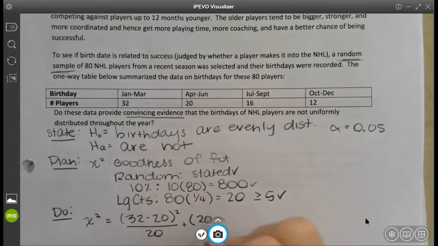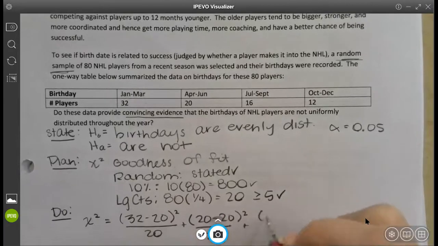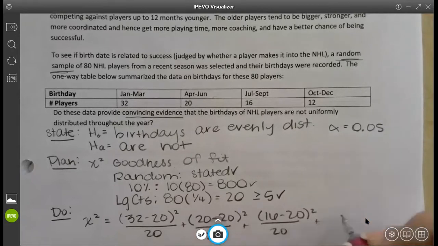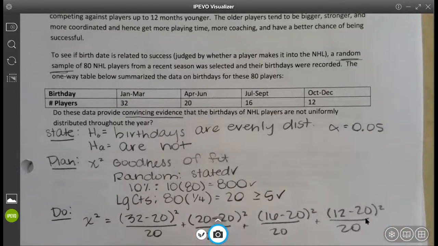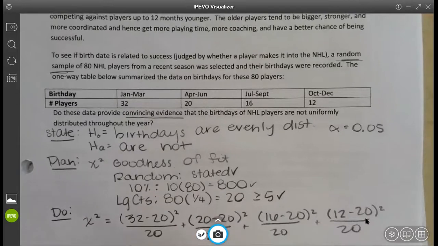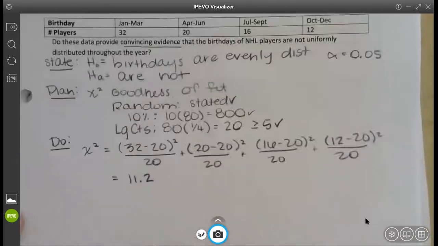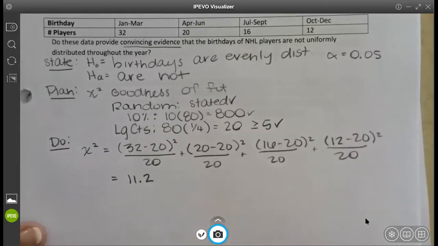The next one will be 20 minus 20 squared over 20. The next one, 16 minus 20 squared over 20. And the last one, 12 minus 20 squared over 20. This gives you 11.2.